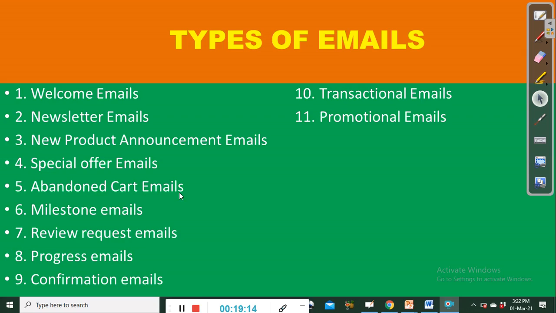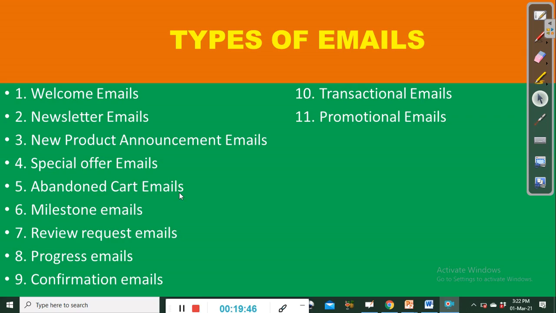Then the next one is the abandoned cart email. The abandoned cart email, as the name implies, is written to people who have backed out of a particular buying process. It is an email that is sent to customers who almost made a purchase, to encourage them to complete their transaction.